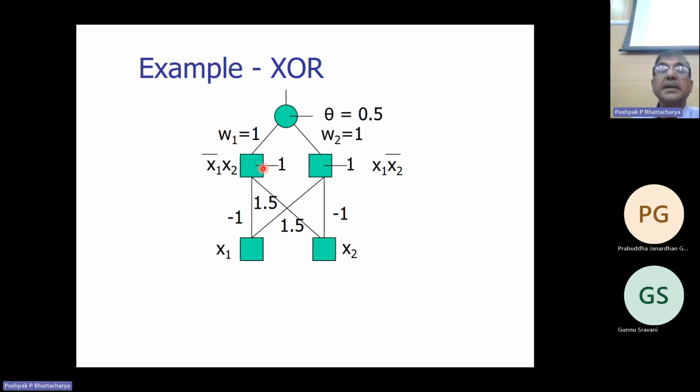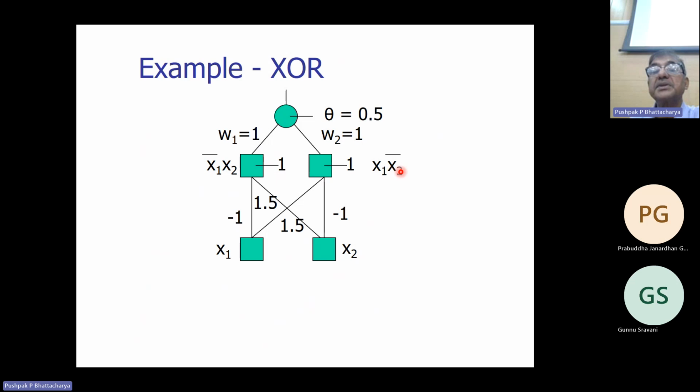If we note that XOR is actually a composition of linearly separable functions. XOR is x1 bar x2 plus x1 x2 bar, where plus means the OR function. Okay, so you can compute x1 bar x2 by a single perceptron.